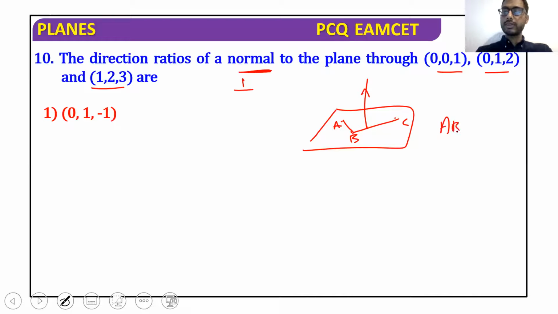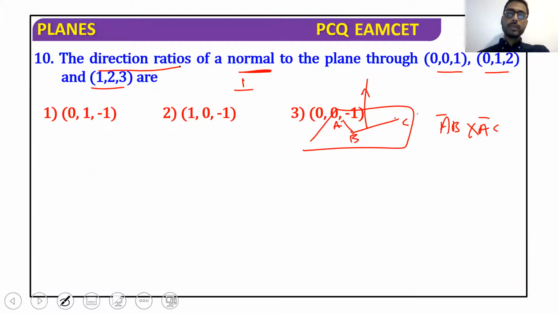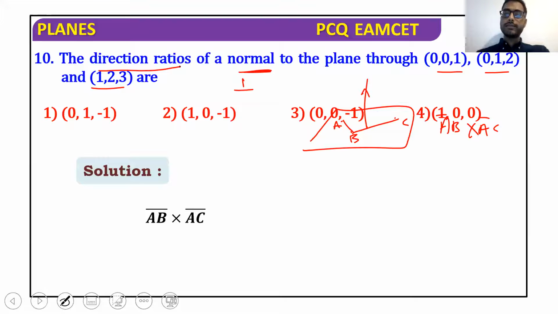If I find AB cross AC, that will point me in a direction perpendicular to the plane, which will give me my direction ratios. The cross product is nothing but going to give me the perpendicular direction, and the perpendicular direction is normal to that plane. And from there, I'll get my direction ratios.